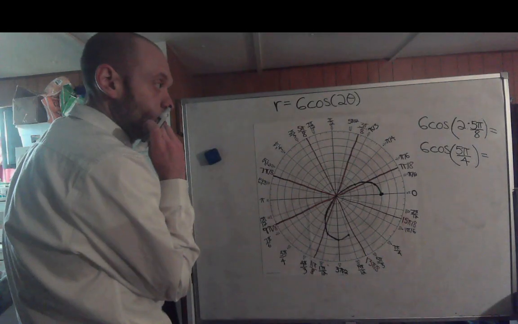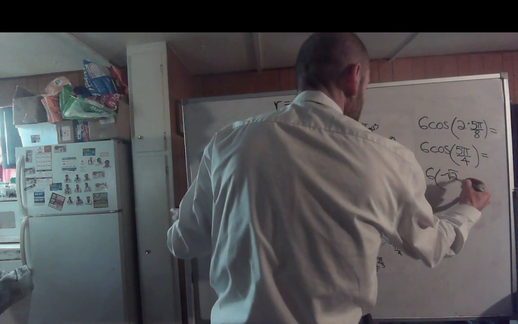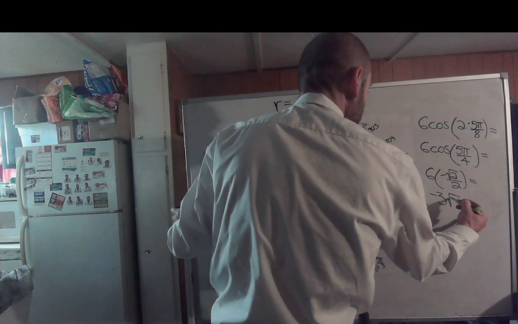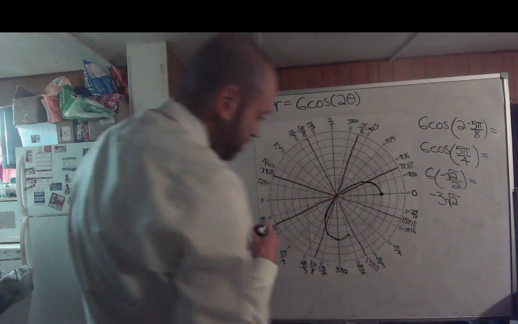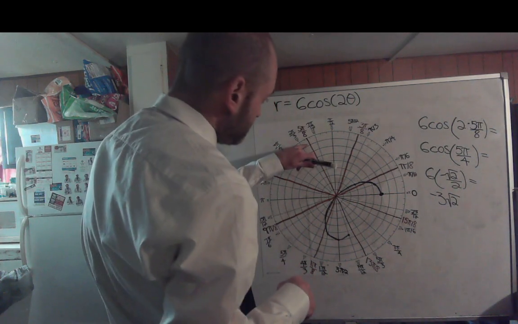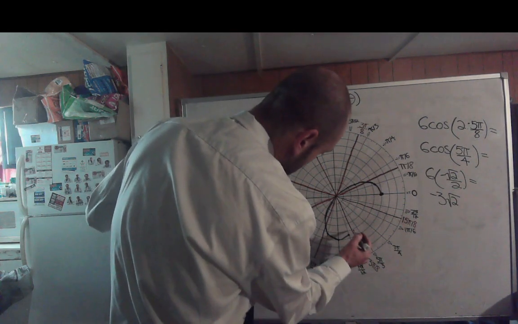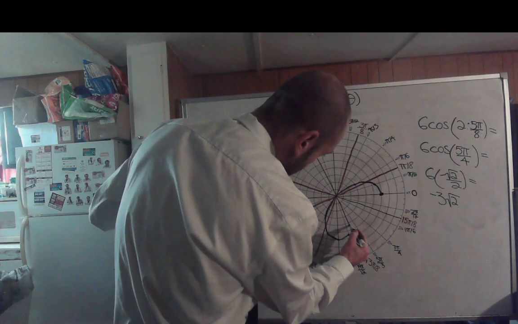So this is going to behave as a third quadrant angle, which would give me 6 times negative square root of 2 over 2, which would be negative 3 times the square root of 2, which negative on the 5 pi over 8 would put me down at 13 pi over 8, so about right there.